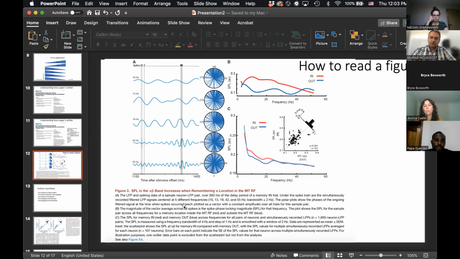And what you should know is that the proper way of writing is to have the captions describe the figure, not describe the results. Meaning that, in C, the SPL is shown for memory in versus memory out, and that's it.